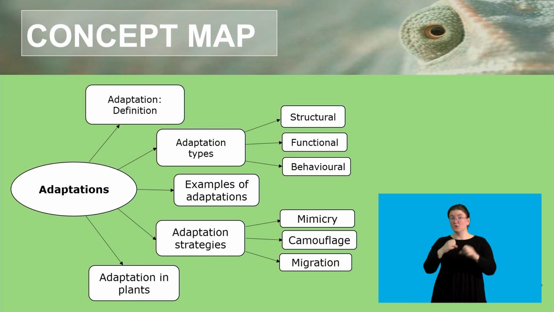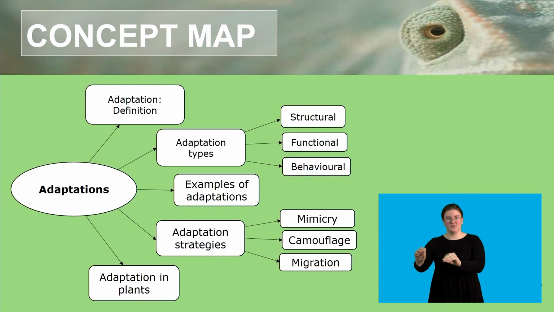We are going to look at structural, functional, and behavioral adaptations, provide examples of adaptations, basically looking at how different plants and animals are adapted to survive. And then we are also going to look at adaptation strategies such as mimicry, camouflage, and migration. And then lastly, we are going to look at adaptation in plants.